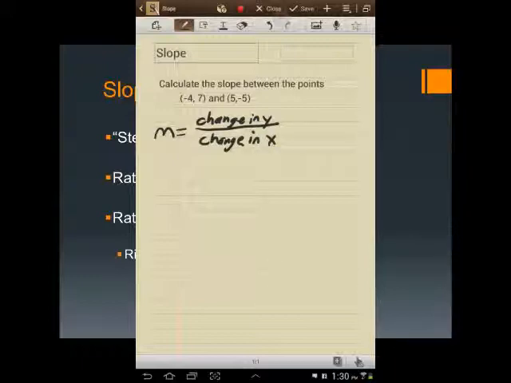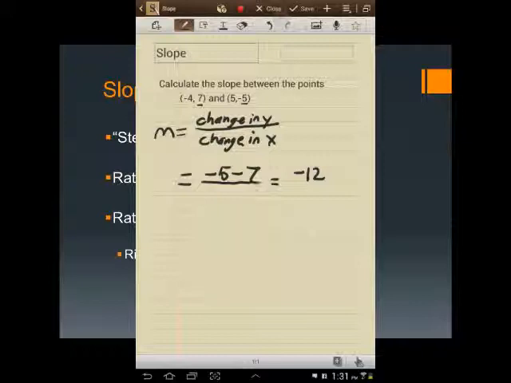So let's look at the y coordinates, see if we can just do this without a graph. We started at 7 and we ended up at -5. So we've definitely gone down, but how much? Well, to find how much is between two numbers, you just subtract. We ended at -5, we started at 7, so the change in y is -12.